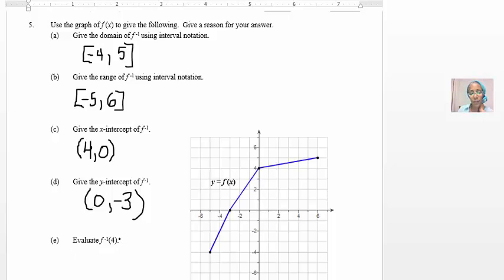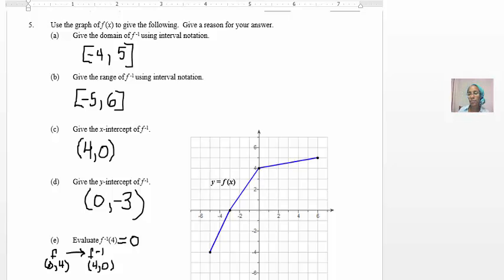So f inverse of 4 would equal 0. Because remember, if we're on f and we have (0, 4), then that means on f inverse I have (4, 0). So f inverse of 4 would be 0.